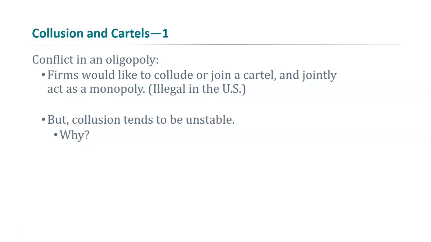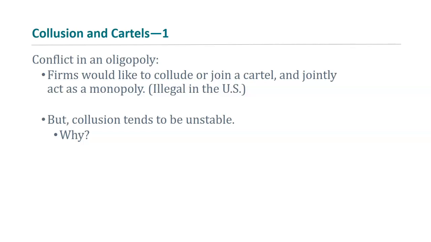If you're working together with others to set a particular price and split the profits, there's going to be an incentive, and we'll get into this further in the next few videos, for somebody to cheat on the rest of the folks, right? Everybody's sticking to the plan. Maybe if you deviate from the plan, you can bring a little more of that profit to yourself, right?